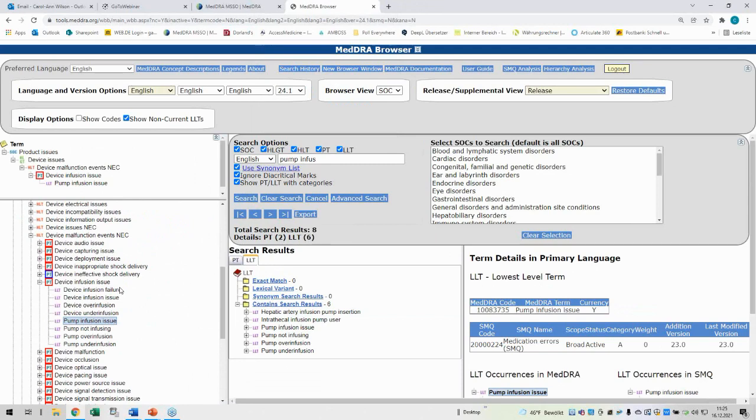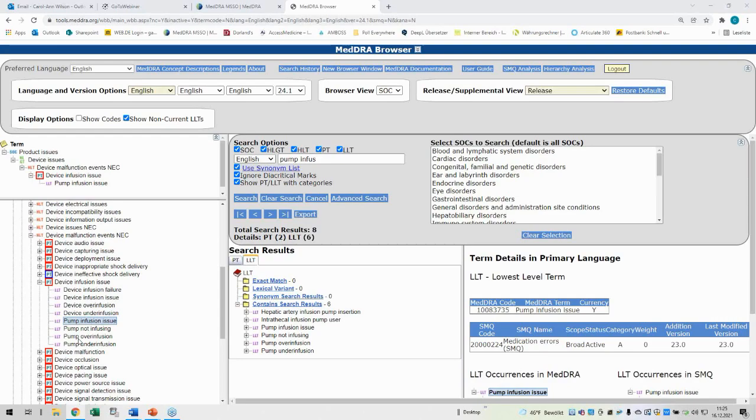Same PT, so this is a more general, vague term, but what we know is that the malfunction of the pump led to an overinfusion, so faster than expected, more than expected or intended per time unit. So it was an overinfusion. The most specific term that we can select here is device overinfusion, or better, pump overinfusion, that would even capture the fact that a pump was not functioning as expected.